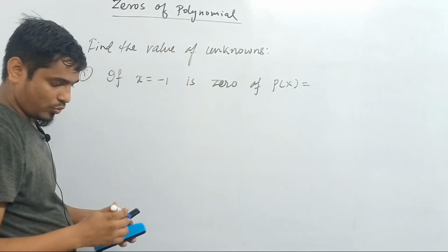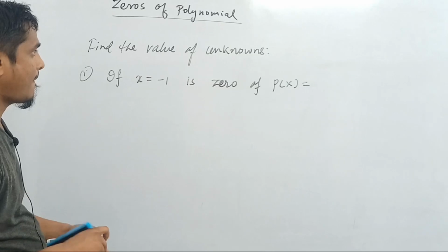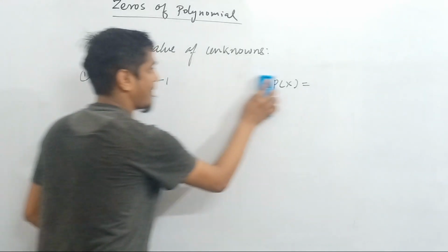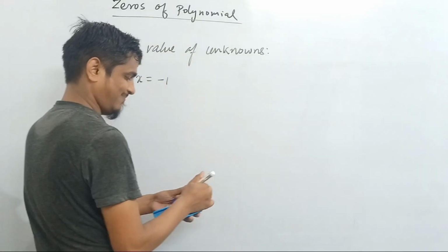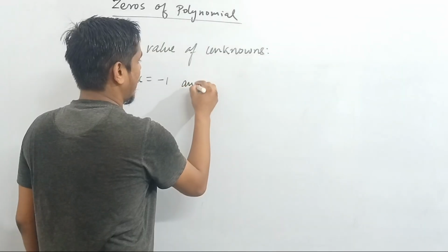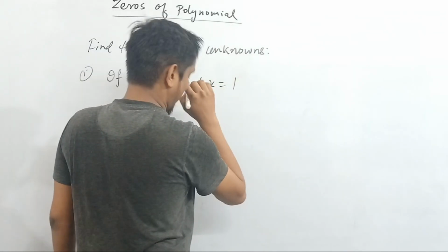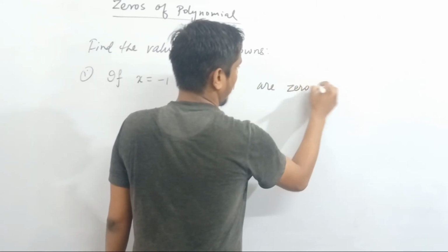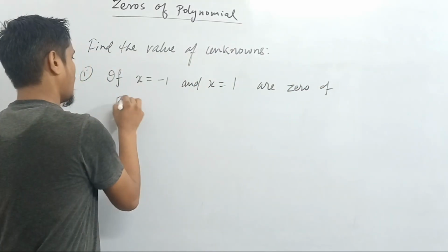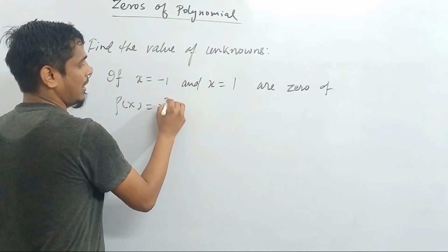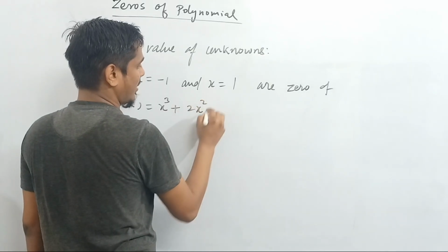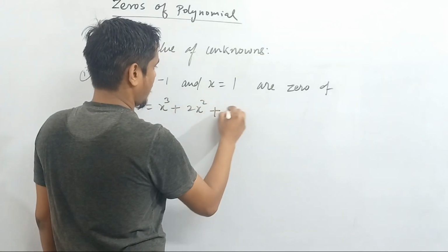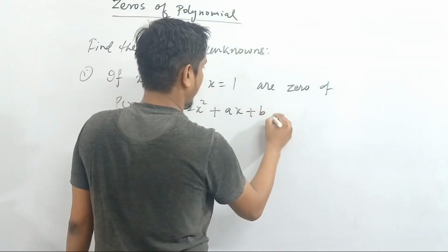Let x equal to minus 1 and x equal to 1 be zeros of p(x) equal to x cube plus 2x square plus ax plus b.